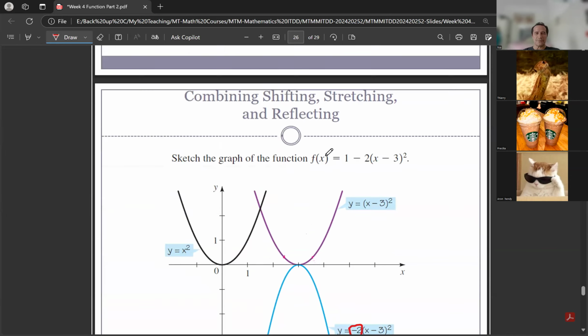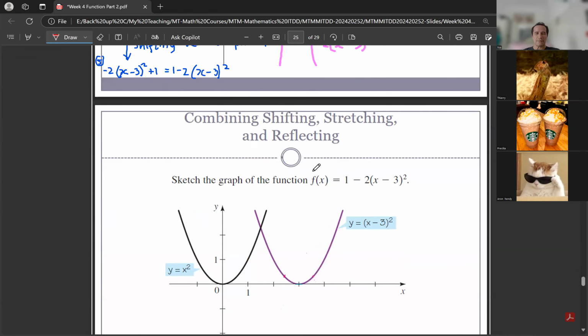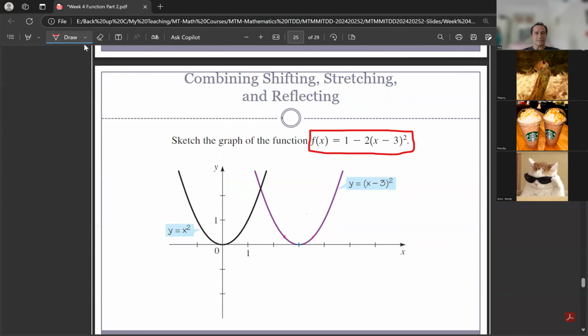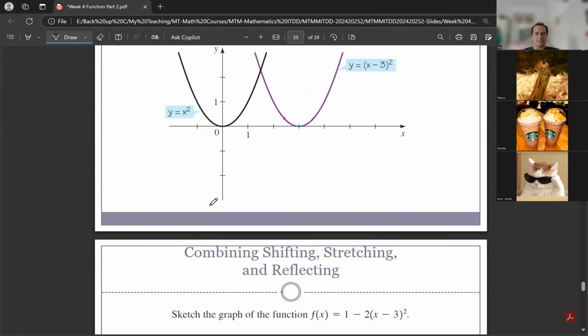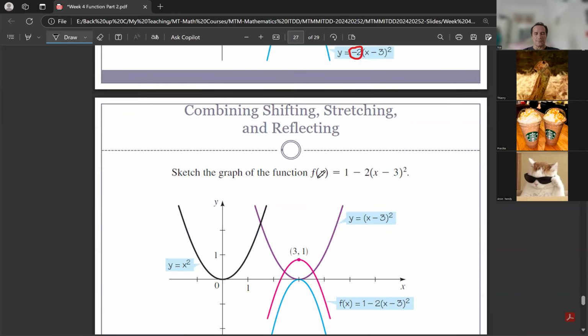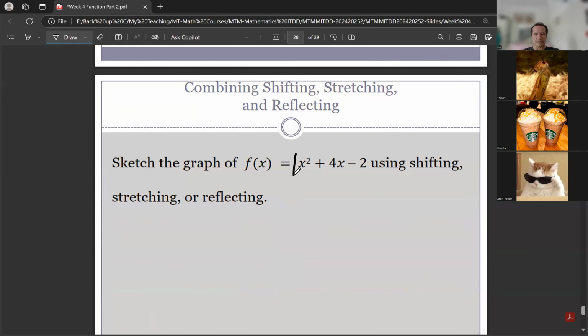In the previous example, we already had the function, so we knew what the steps of the transformation were. Sometimes in the problem, we have just the function, and we must identify the original.